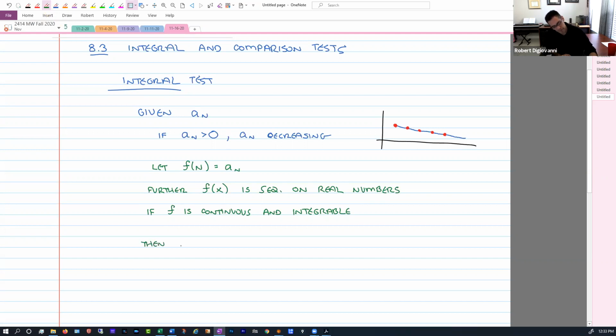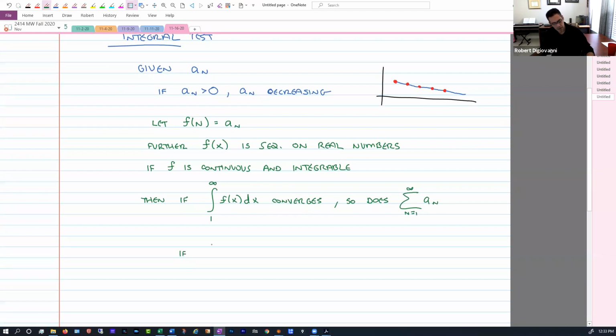Then if the integral from 1 to infinity of the function converges, so does the infinite series. If the integral from 1 to infinity of f of x dx diverges, so does the series.